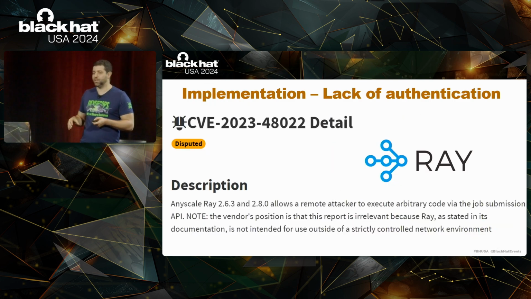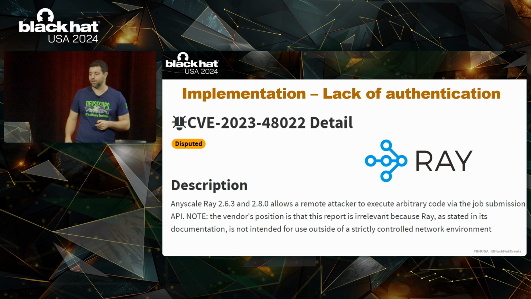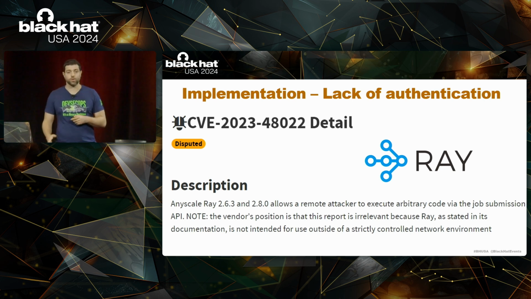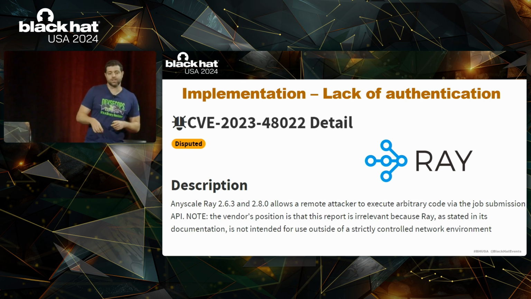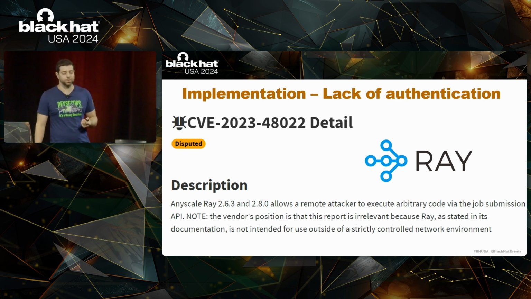Most of these issues don't get a CVE, but some do. And this is an example of something that did in the Ray framework. So it's exactly the same issue. It's basically a framework that doesn't have authentication, and it allows you to submit arbitrary jobs, which is just running arbitrary Python. And I want you to look at the reason that the CVE was disputed.